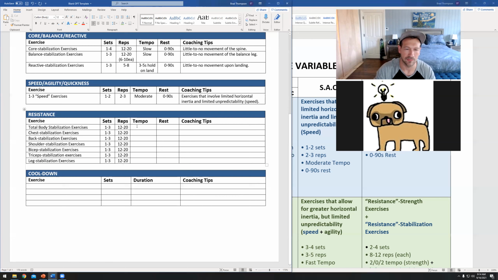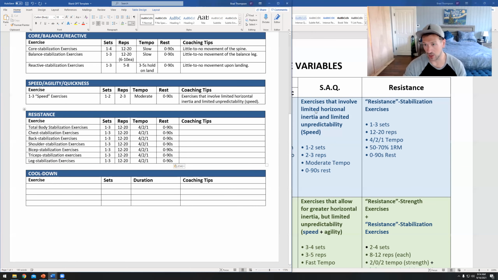Why am I typing all these up? Our tempo is going to be slow, or 4-2-1. That's what's going to be most appropriate for our client there. And then that's going to be 0 to 90 seconds of rest for everybody.